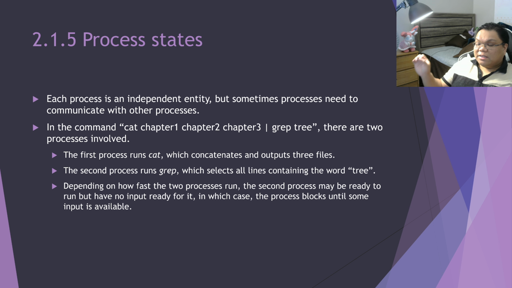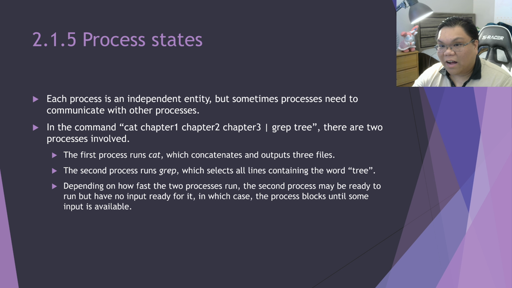Depending on how fast these two processes run, the second process may be ready to run, but have no input ready yet because the other process is still doing its work. In that case, the second process is going to block until input is available. So it's not going to do anything because it can't do anything. So it's blocked until that input arrives.